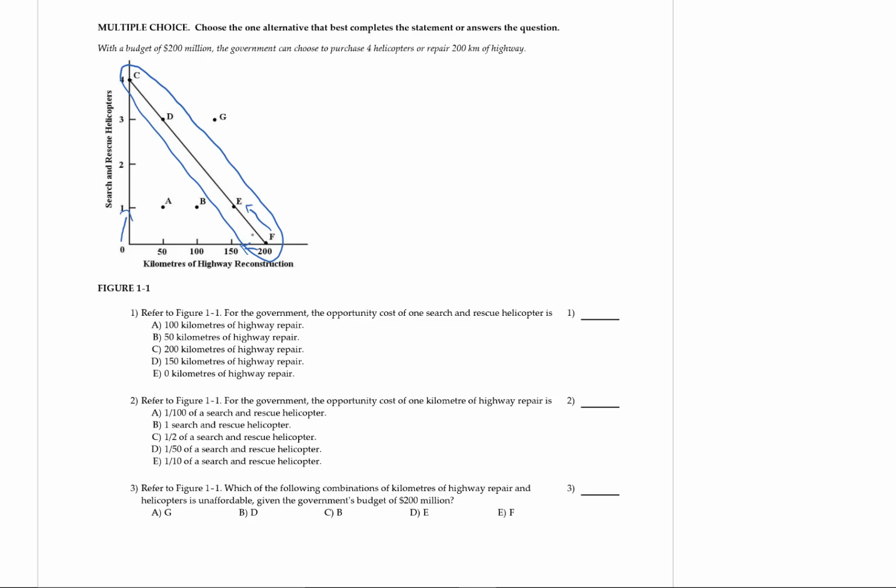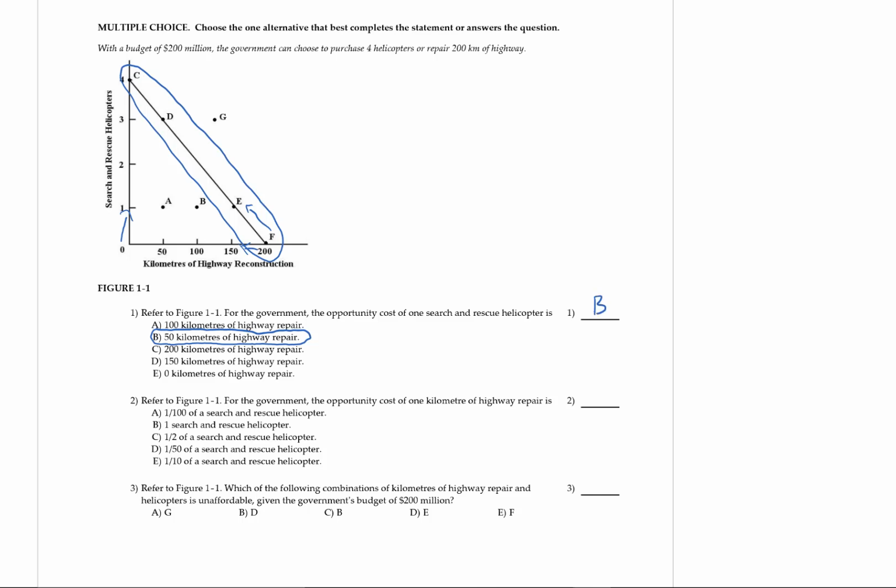So for every search and rescue helicopter we produce, we have to give up 50 kilometers of highway construction. So if we look at our options, we see that B is exactly what we think it should be, so we can fill in B.